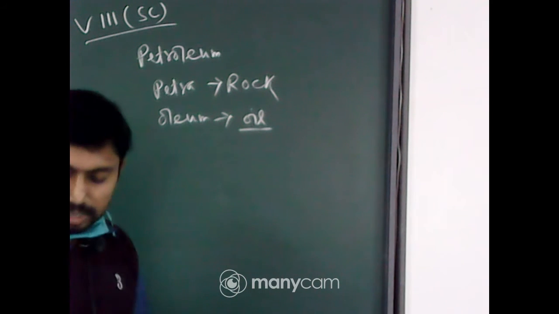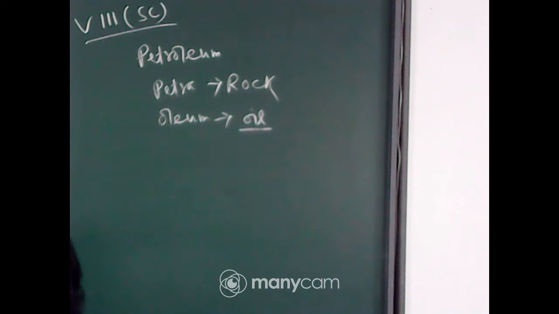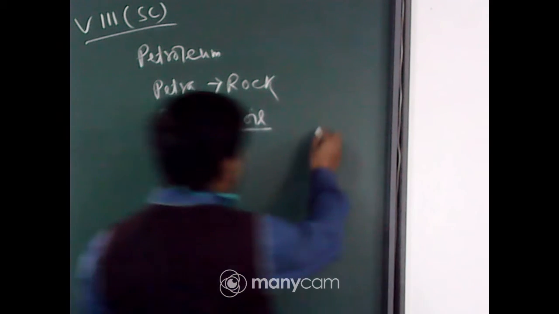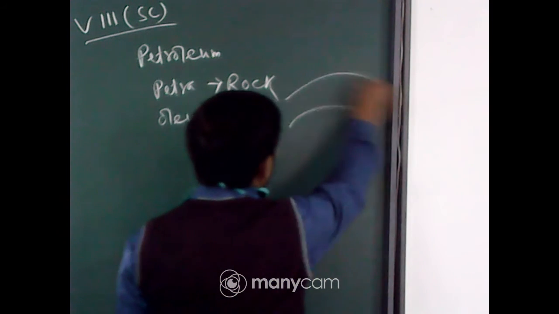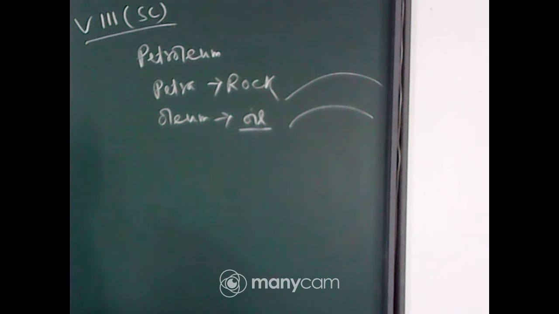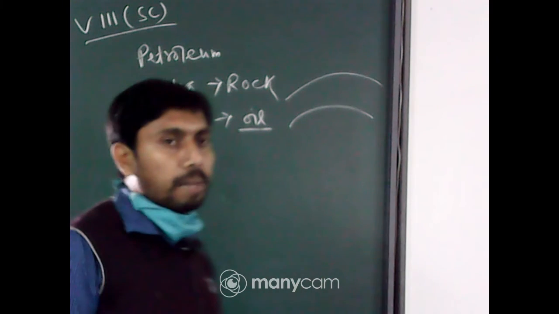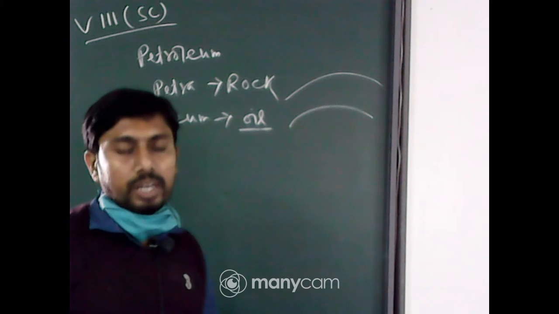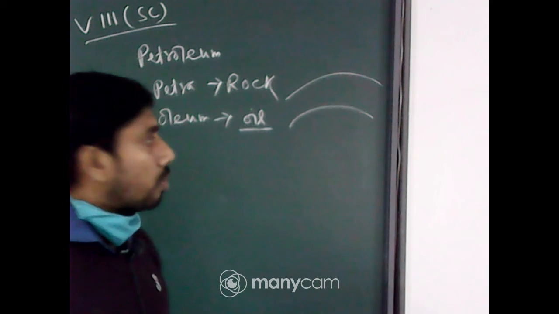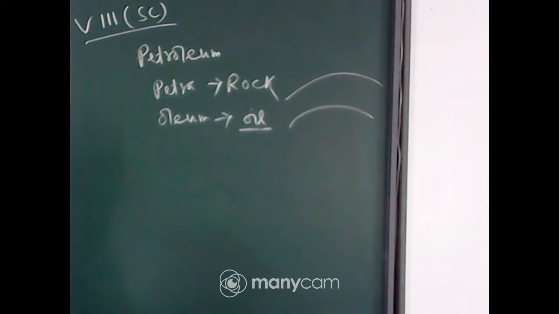If you see the picture at page number 59, you can see a reservoir rock is there. So this reservoir rock supplies the petroleum when we drill it up. So petra means rock and oleum means oil, so rock oil. Yes, rock oil. This is the primary idea about petroleum.